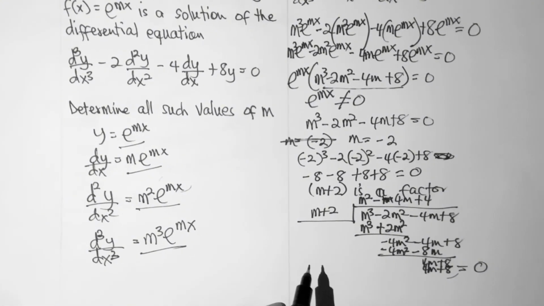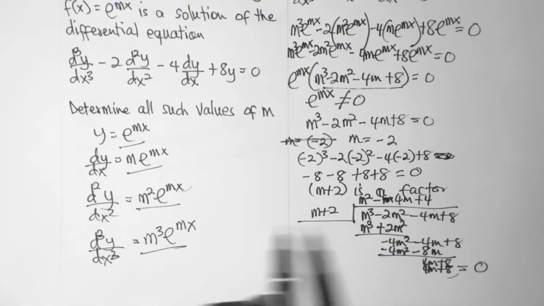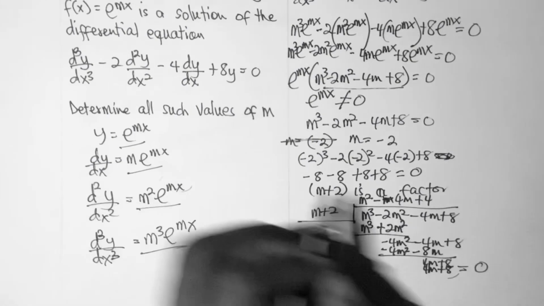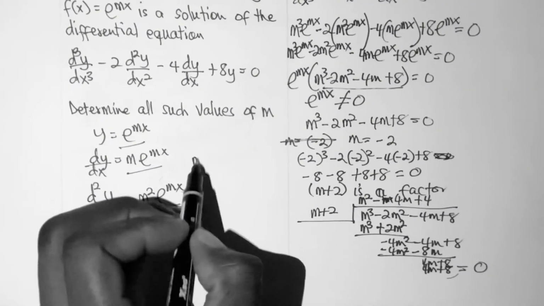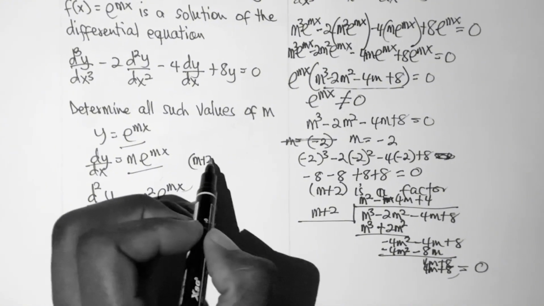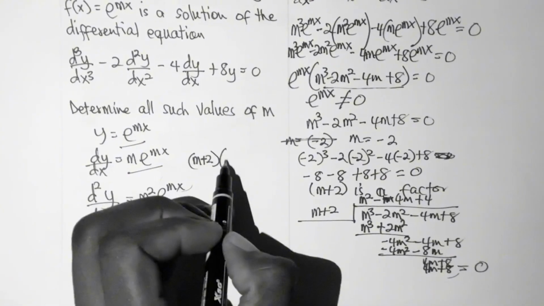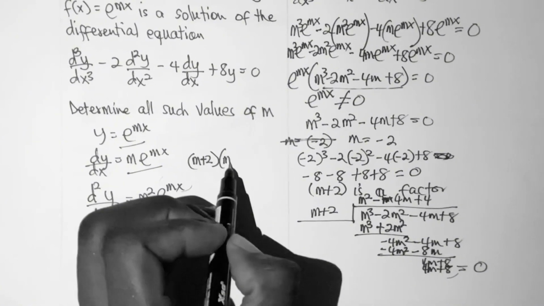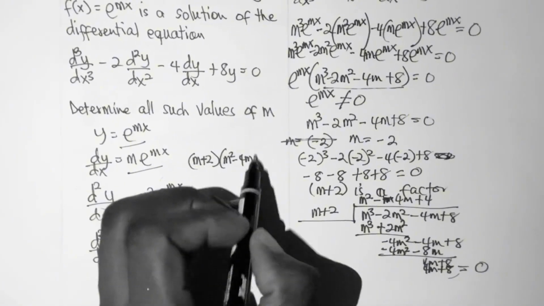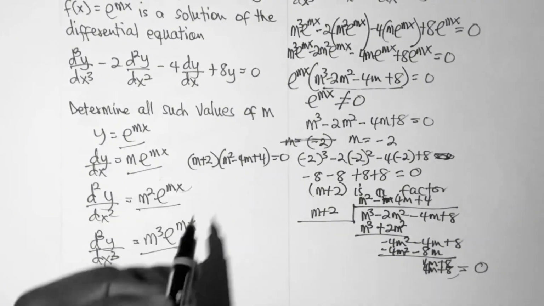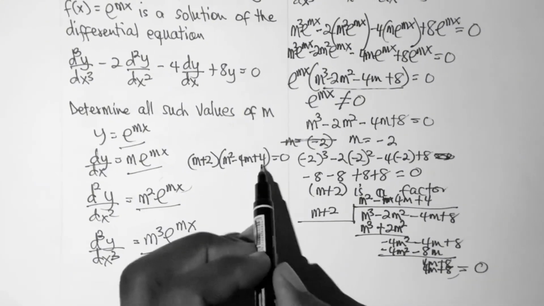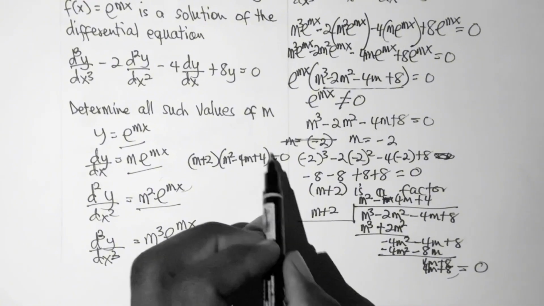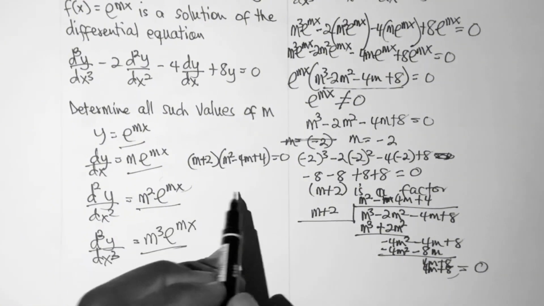So what it means is that we can rewrite it as m plus 2 times all of this, which is m squared minus 4m plus 4, is equal to 0. Now, how do we factorize this? Two numbers that when we multiply, you get plus 4, but when we add, we get minus 4.